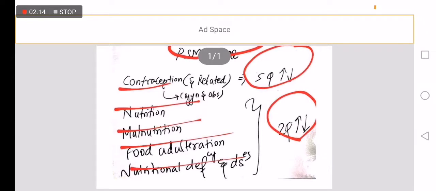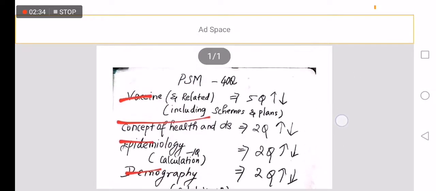For contraception and related topics, we have to correlate with gynecology and obstetrics. And nutrition and health, you need to study about nutrition, malnutrition, food adulteration, nutrition deficiency and diseases, 2 questions or more.